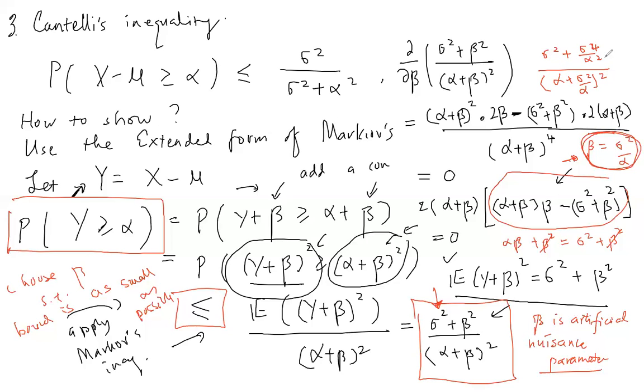So for this, I leave it for you to complete. It's just basically some simple algebra here. You simplify and you will get this result. Okay. So it's a nice result, yeah.